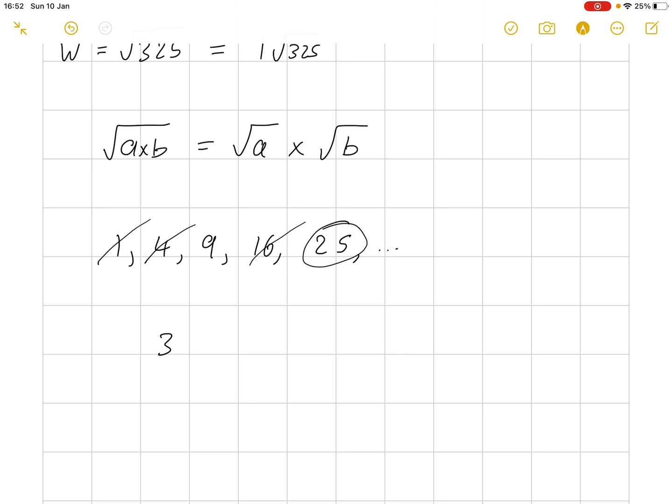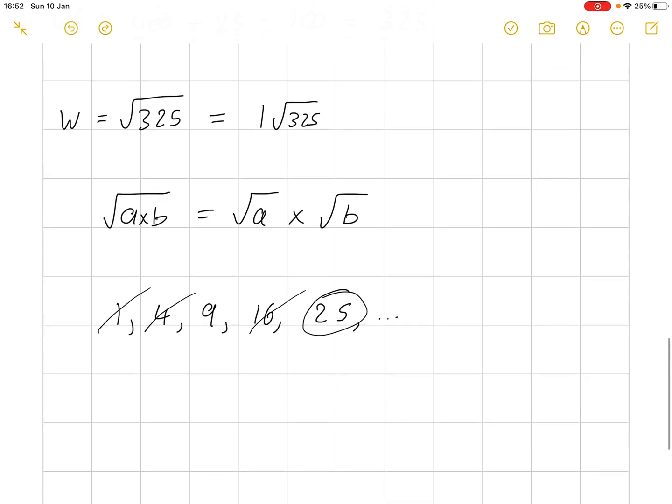So 3 plus 2 plus 5 is equal to 10. And unfortunately, 10 is not divisible by 9. And therefore, 325 is not divisible by 9. So, it could be 25.